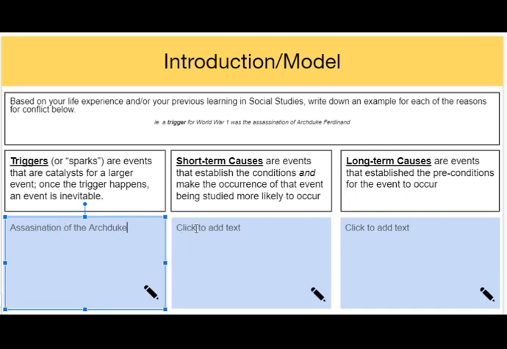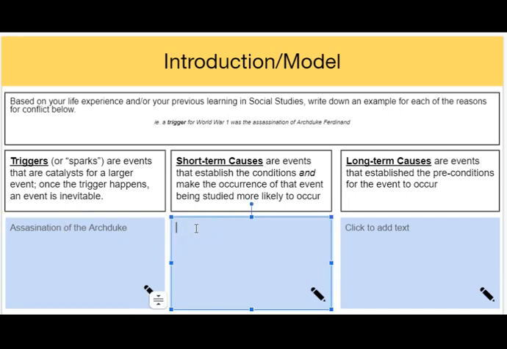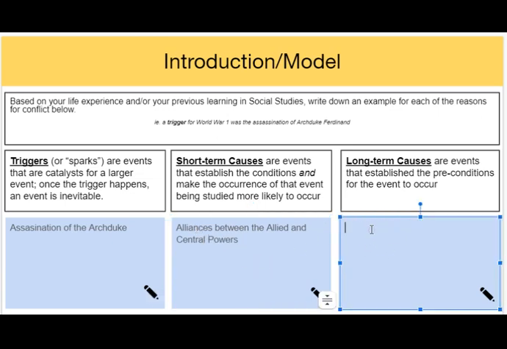Short-term causes would be the alliances between the Allied and Central Powers, although they didn't have those names at the beginning of World War I, although you'll probably only remember them by those words. And long-term causes, your teacher may have given you a mnemonic, although one of them is alliances, which is, in global, you probably remember militarism.